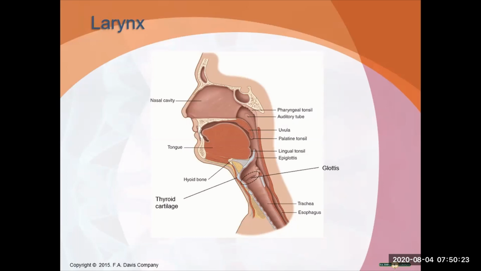High-pitched sounds result when the cords are relatively taut. More relaxed cords produce lower-pitched sounds, and vocal cords in adult males are usually larger and thicker and vibrate more slowly, producing lower-pitched sounds than in females.